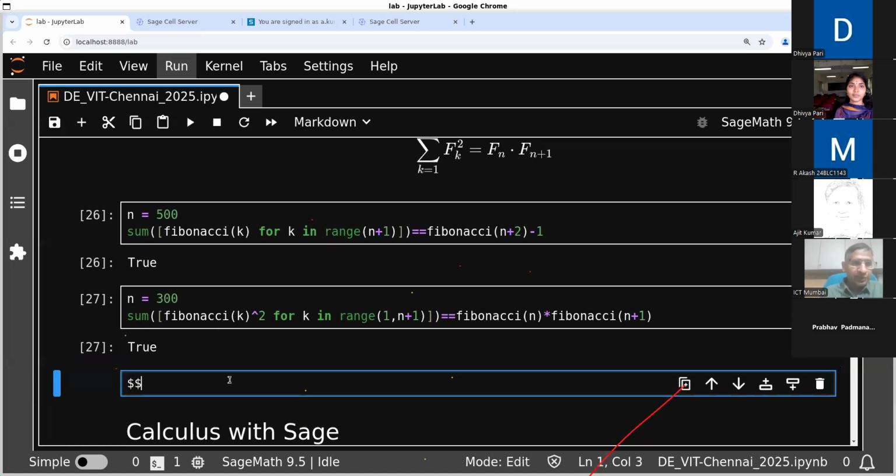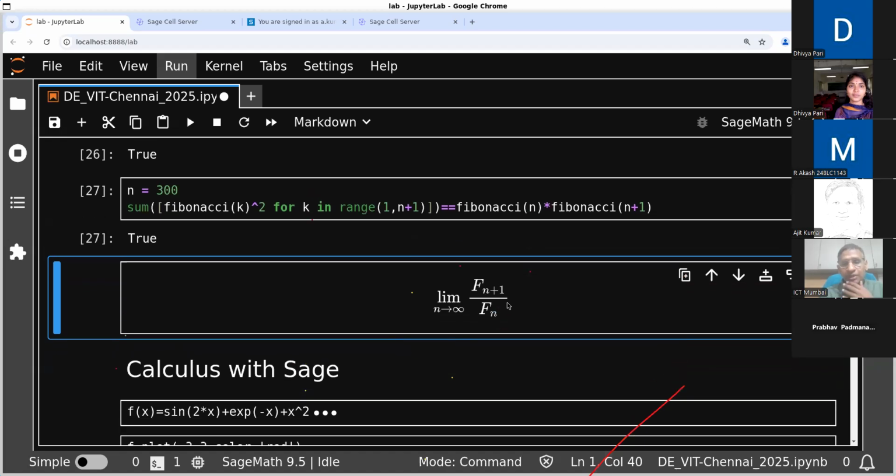If I write, for example, this, limit as n goes to infinity of, I'm just writing something, don't worry about this, this is what is called LaTeX code. So limit of f_(n+1) divided by f_n. This limit exists. Does anybody know what this limit is? Any of you?